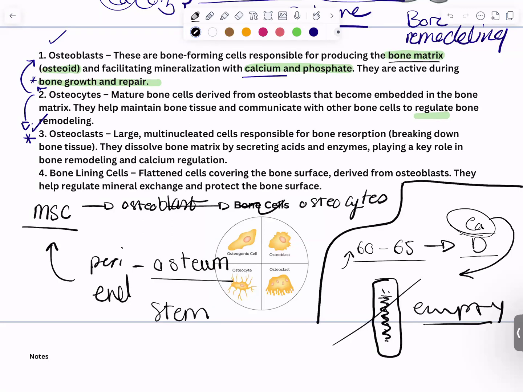If you have kidney problems, you will have problems with vitamin D as well, and also it's going to be a higher chance. So after 60 to 65, you have to take supplements to be sure that everything is fine. You have to do the test. So the calcium ion is going to be very, very important.